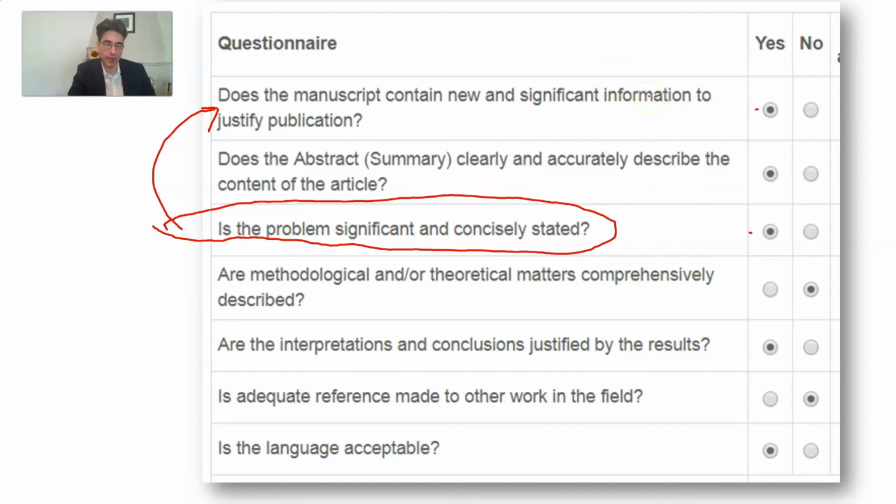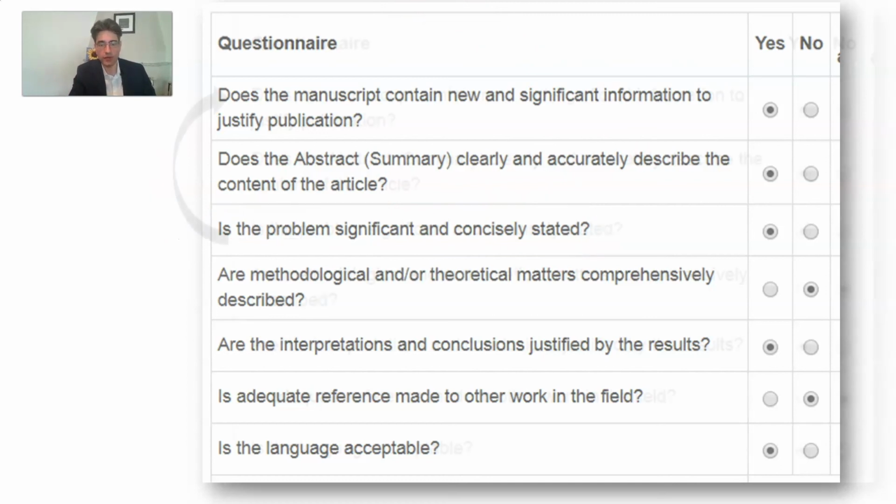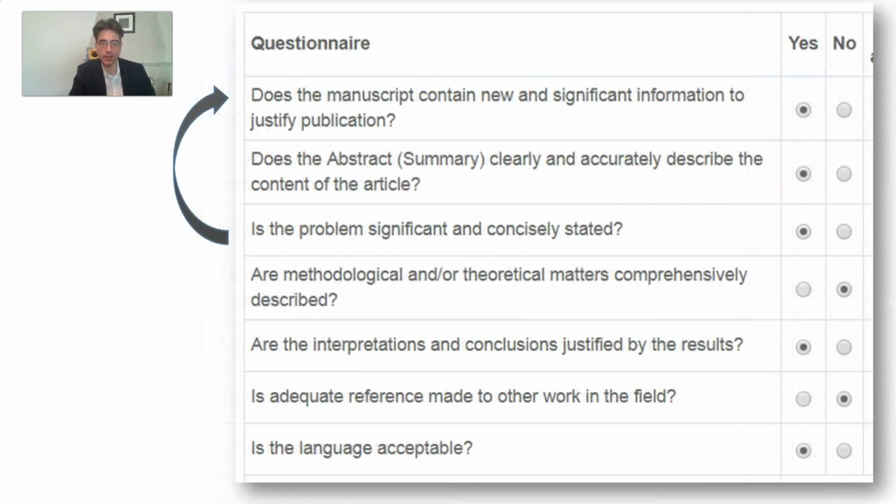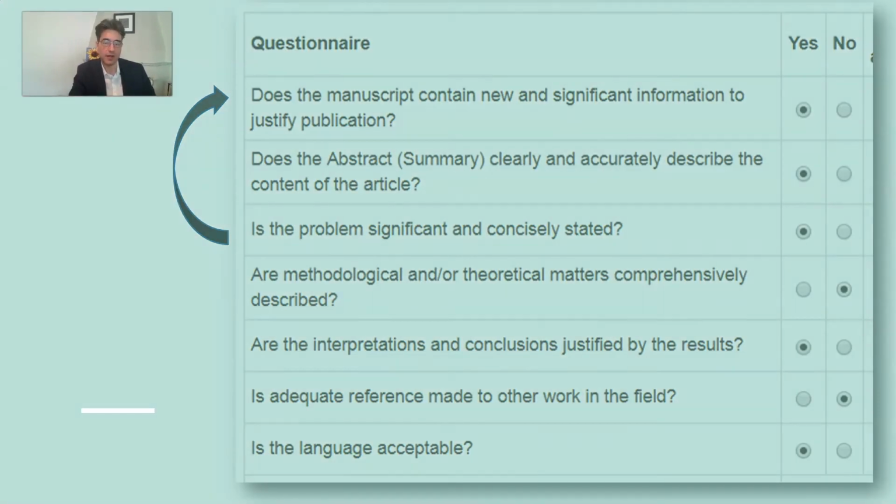And hopefully now, with an awareness of this CARS model, these three rhetorical moves, you will write with those things in mind, and think of those two questions as you're planning your writing. Before you even sit down to write, have the answers to those questions clearly in mind.